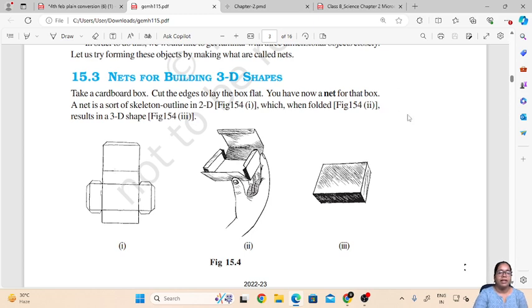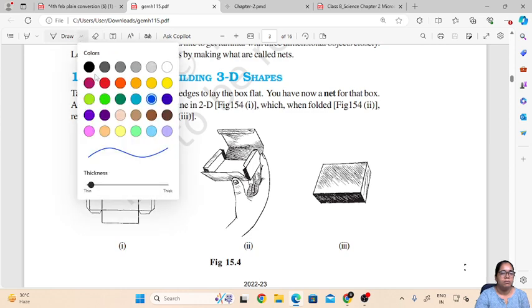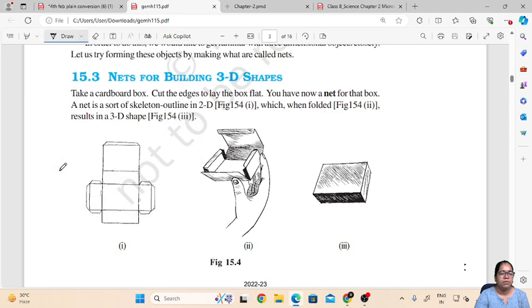So what is a net? So we all know net is a short skeleton outline in 2D. Okay, now see here, this is first the skeleton outline. So this is what? This is the net.